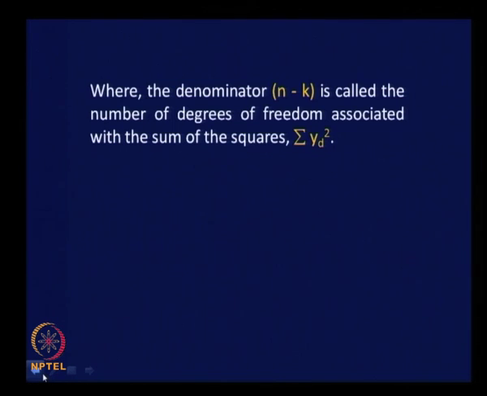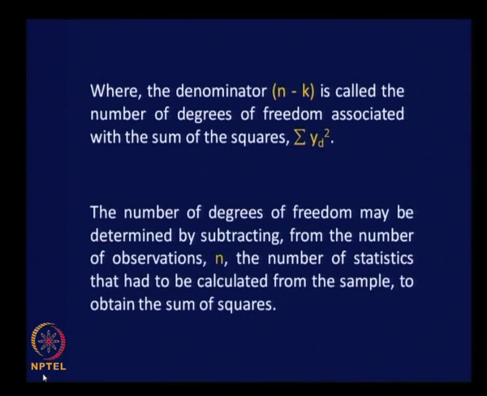The denominator n minus k is called the number of degrees of freedom associated with the sum of squares sigma yd squared, number of degrees of freedom. This is the explanation for number of degrees of freedom.